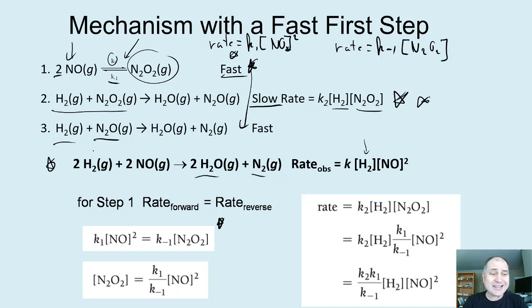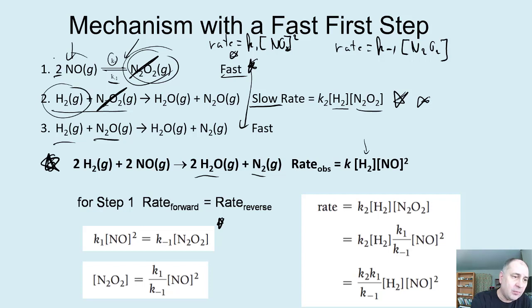But one last thing that I want to mention and show you is that in order to arrive at the overall reaction, you can add, kind of like we did for the thermochemistry. We had Hess's law, where you added up the products and the reactants, and you canceled out redundant species. Like here you can see that N2O2 is a product, but N2O2 is also a reactant, and so that drops out, and so you only have hydrogen and 2 hydrogens.